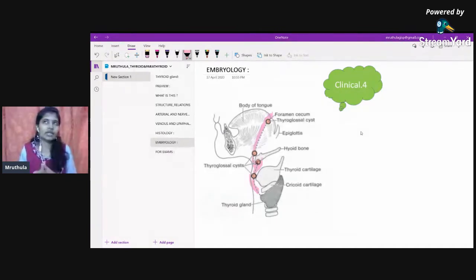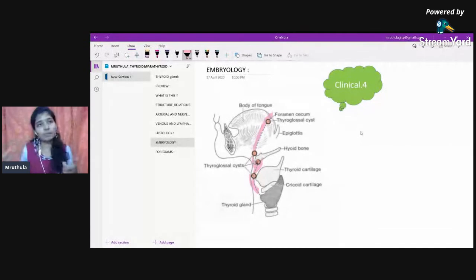Another thing is, the thyroid gland may not be present in the exact location which we discussed. Sometimes, rarely, there can be an ectopic thyroid gland, and sometimes there can be an aberrant thyroid gland. What is an ectopic thyroid gland? When the thyroid gland is coming along its course, sometimes it might not reach the location where it actually exists in adults. Sometimes it might stop near the hyoid bone. Sometimes it might stop near the thyroid cartilage.